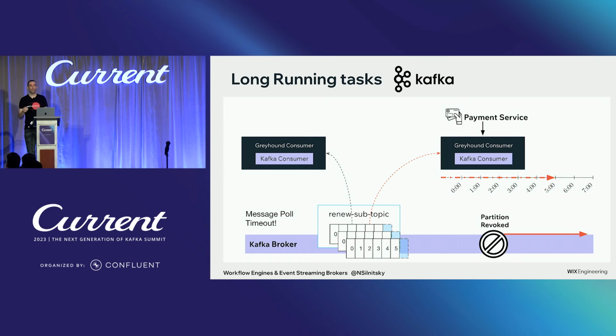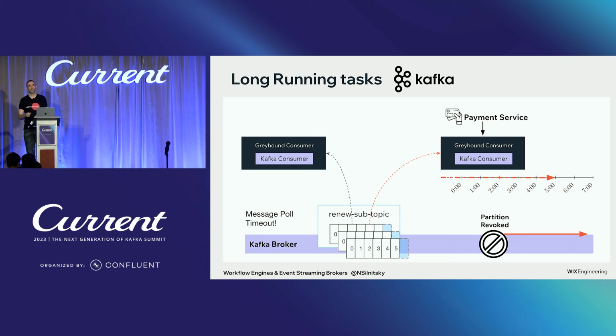But even if you do decide to poll messages continuously, and that's what Greyhound usually does, with Kafka there is still the point where you don't want to have too long-running processes taking too much time, even 30 seconds or 1 minute, maybe even too much. Why is that? Because of partition rebalances in Kafka.